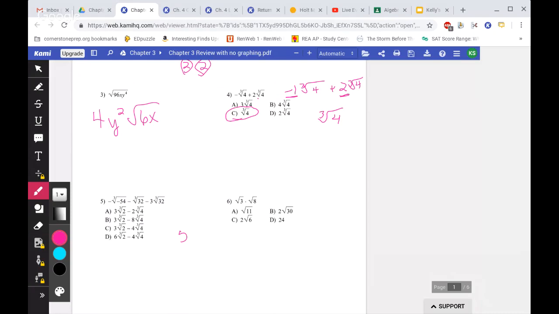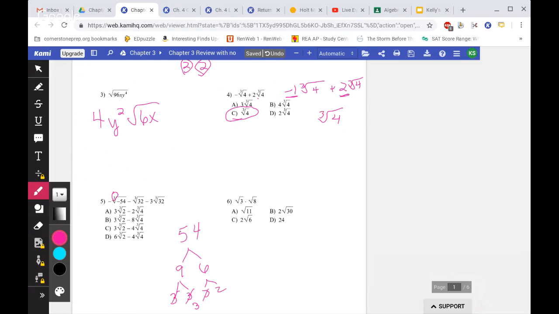So 54 is 9 and 6. So I'm looking for sets of 3 because of what's in the check mark there. And I only see 1, and that's a 3.